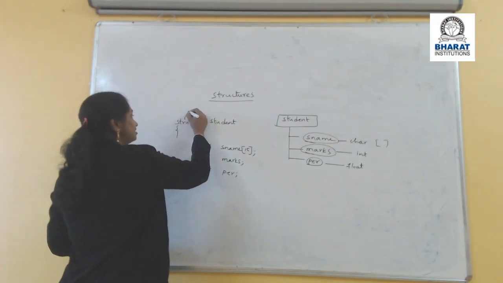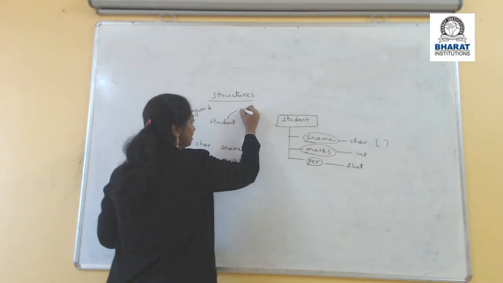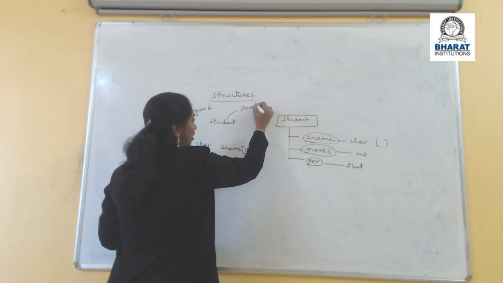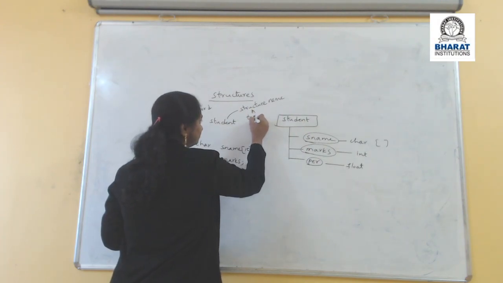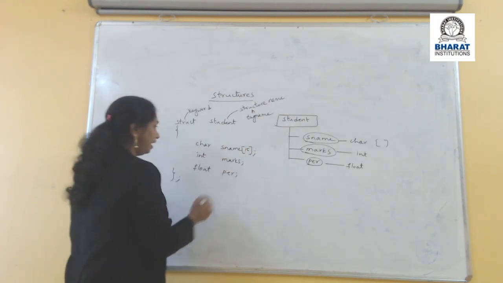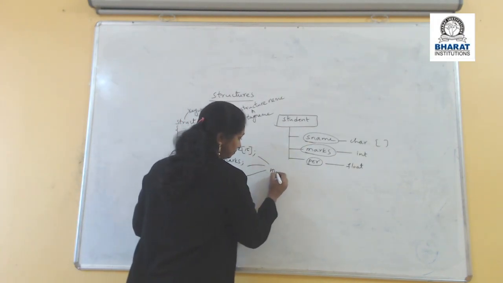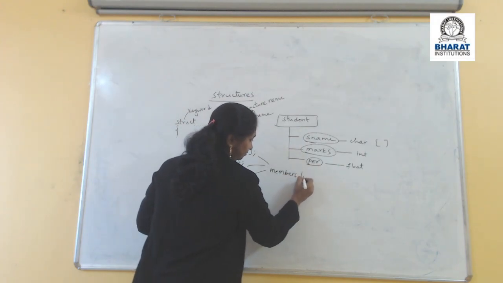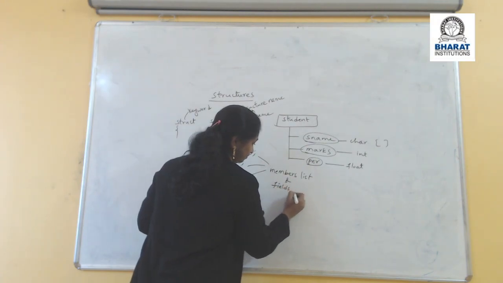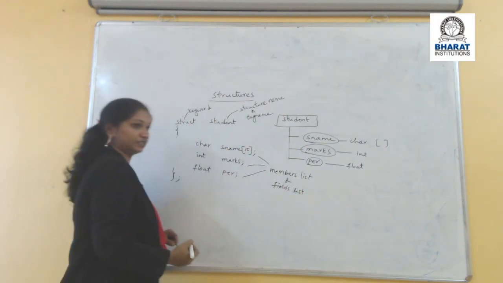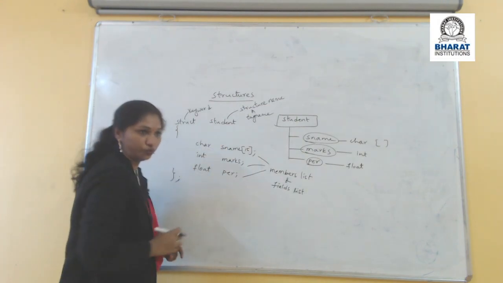Here, struct is a keyword, and student is a structure name or tag name. And these are the members list or fields list. Here in total I am taking three different fields for the structure student.